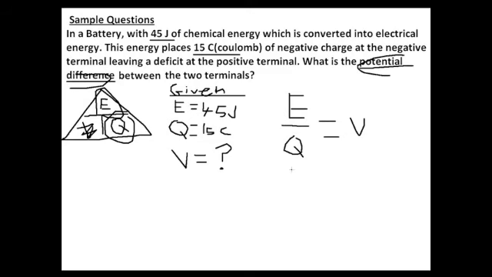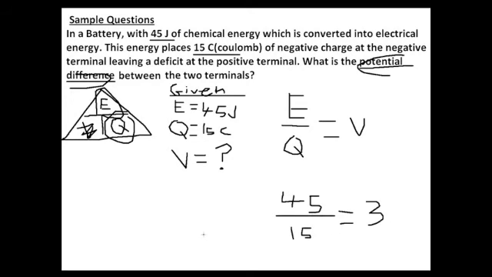So we'll input our data. E is 45, Q is 15. So 45 divided by 15 equals 3. So our voltage between these two terminals is 3.